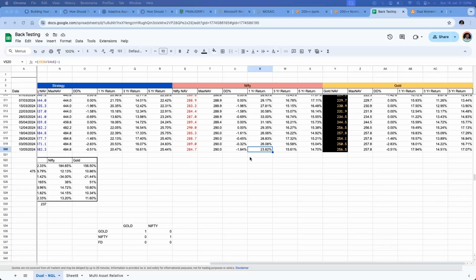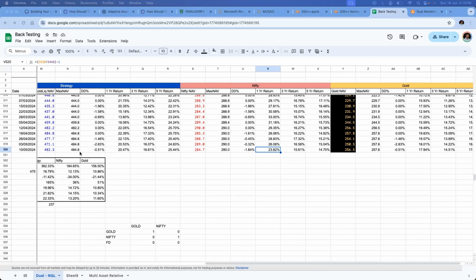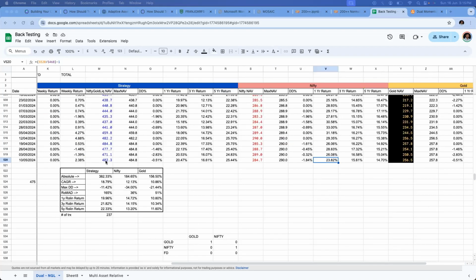So the next part is to calculate the rolling returns. Rolling returns are pretty easy. What we do is we take the 1 year returns for every day, starting from the last record. Let's say the last record is 10th May 2024. Now for the strategy, the value was 482.3. Now I calculate what was the NAV exactly 1 year back.